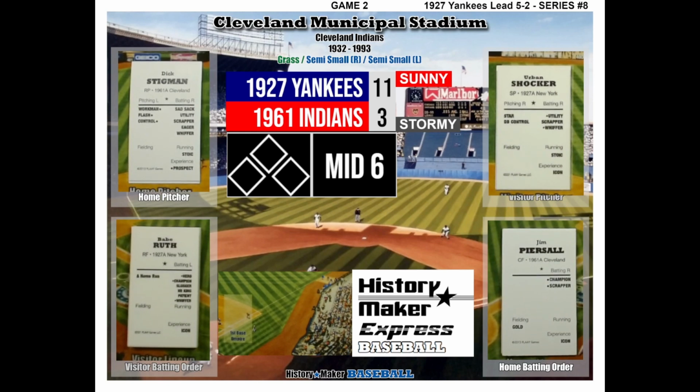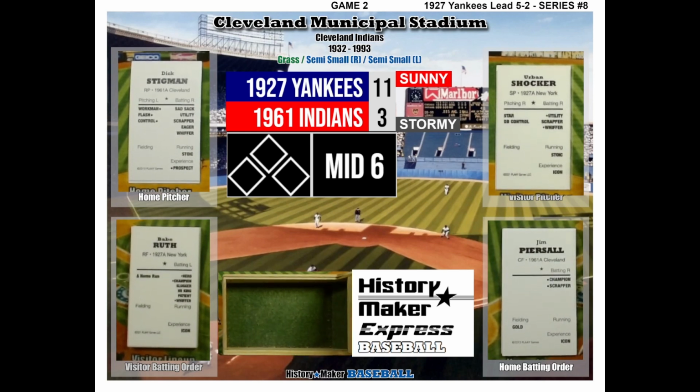And Jim Pearsall will be the next batter in the bottom half of the sixth for the 1961 Cleveland Indians. 3-4-6. Is the pitcher not fresh? Well, again, we're in the semi-fresh innings, and Urban Shocker is fresh.